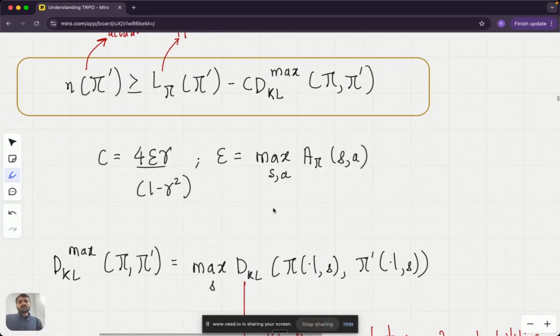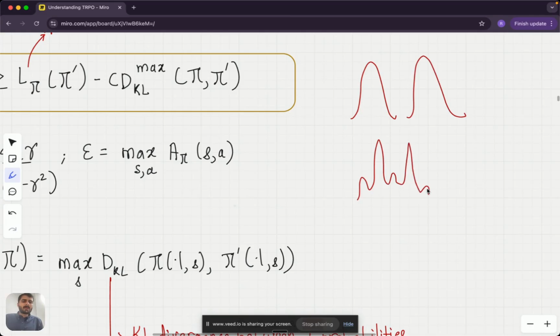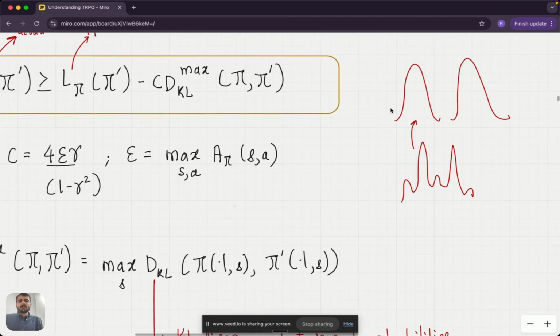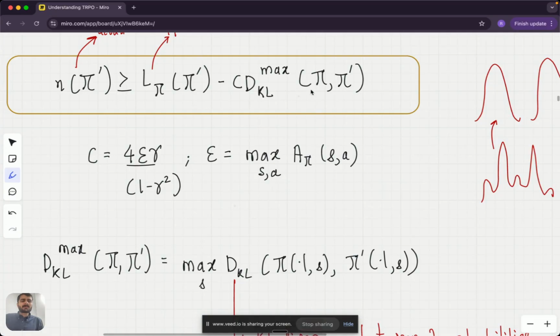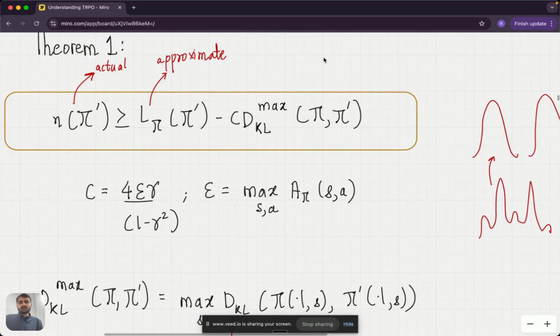Now, KL divergence is a measure which helps us understand how different two probability distributions are from each other. For example, if you take, let's say, two Gaussians, these are probably similar, but if you take this probability distribution and compare it with this, the KL divergence is going to be higher because the probability distributions are very different from each other. So this is an operation which helps us calculate how different the distributions are from each other.